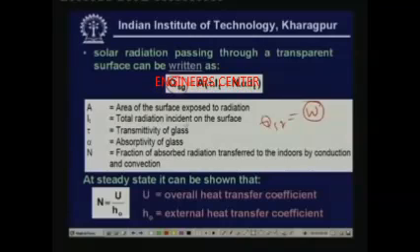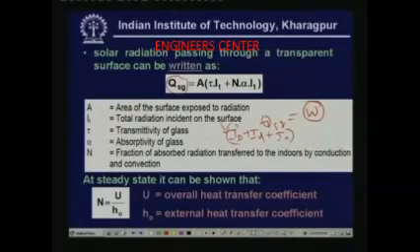I_T is the total radiation incident on the surface. So this includes both direct plus diffuse. Of course, you can also include reflected radiation, but normally reflected radiation will be a small part. Tau is the transmittivity of the glass, and alpha is the absorptivity of the glass.